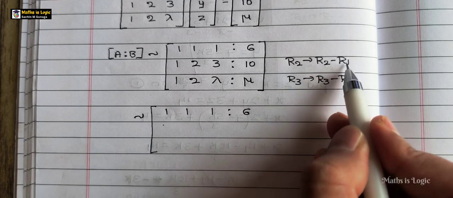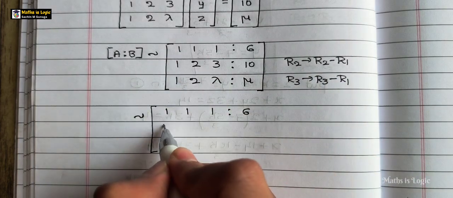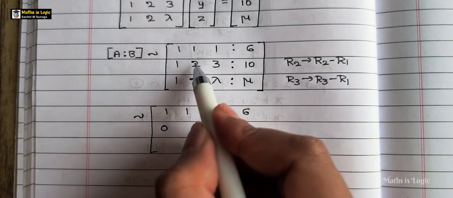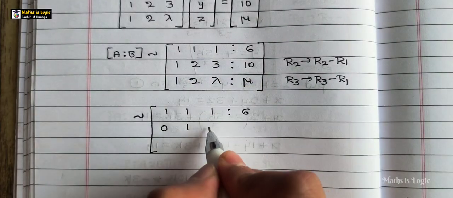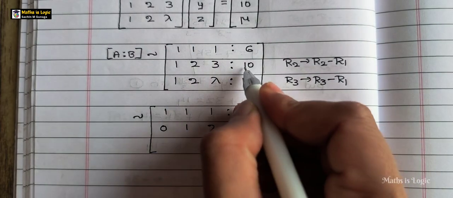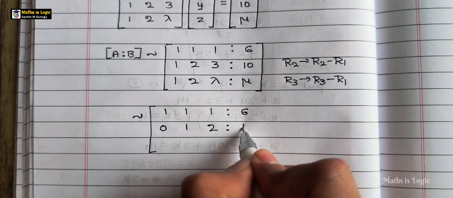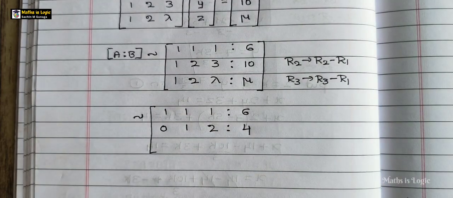Next R2 minus R1: 1 minus 1 is 0, 2 minus 1 is 1, 3 minus 1 is 2. Next 10 minus 6 is how much here? 4. Correct.